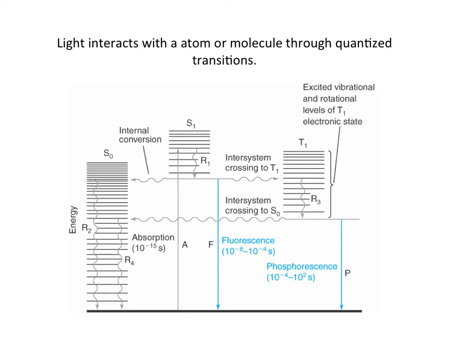We're interested in the middle part of the diagram, where absorbance of light goes from a ground state, represented as the black bar at the bottom of the diagram, to an excited electronic state, S1. And S1 has many levels because of vibrational and rotational energy differences in the molecule. And so we absorb from the ground state to a range of excited states.